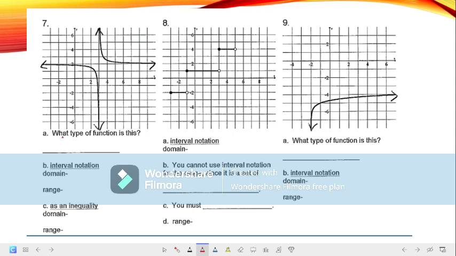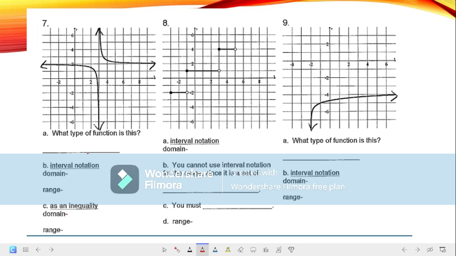Then for number 7, we have this. By the way, you don't need to answer what type of function this is, as well as this one. Just simply express the interval notation, domain and range, as well as the set builder notation.